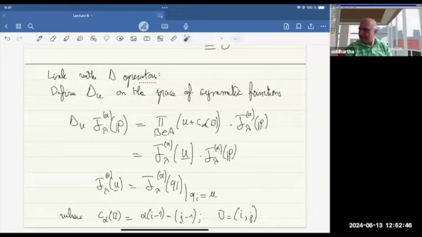Maybe I can just ask, is it true also for shifted Macdonald polynomials that you have this kind of independence of expression as a function on lambda for the rectangular decomposition?